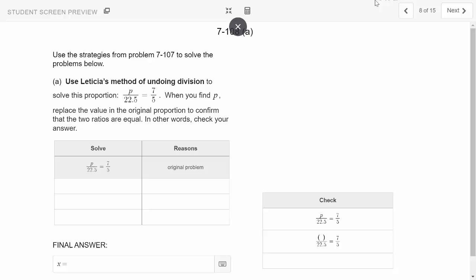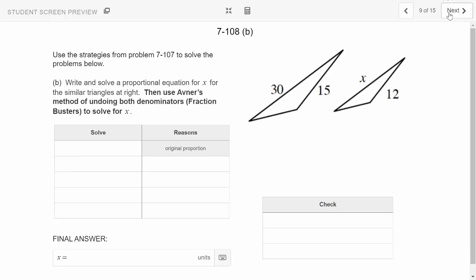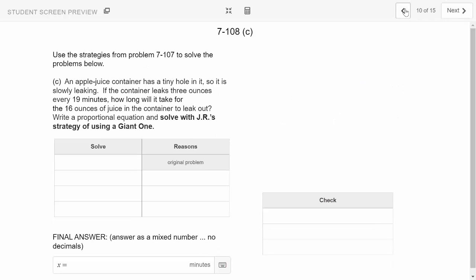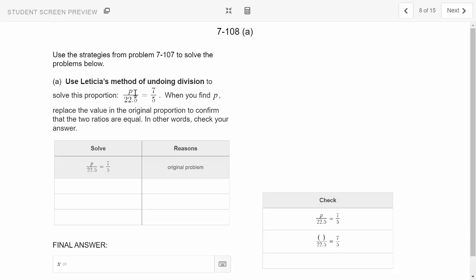Okay, so now that we've finished talking about the different methods, I'd like you to do in your notebook problem 108, A, B, and C. And I will note that on problem 108A, they ask you specifically to use Letitia's method of undoing division. So go back and look at that method in your notes and try to do it that way.